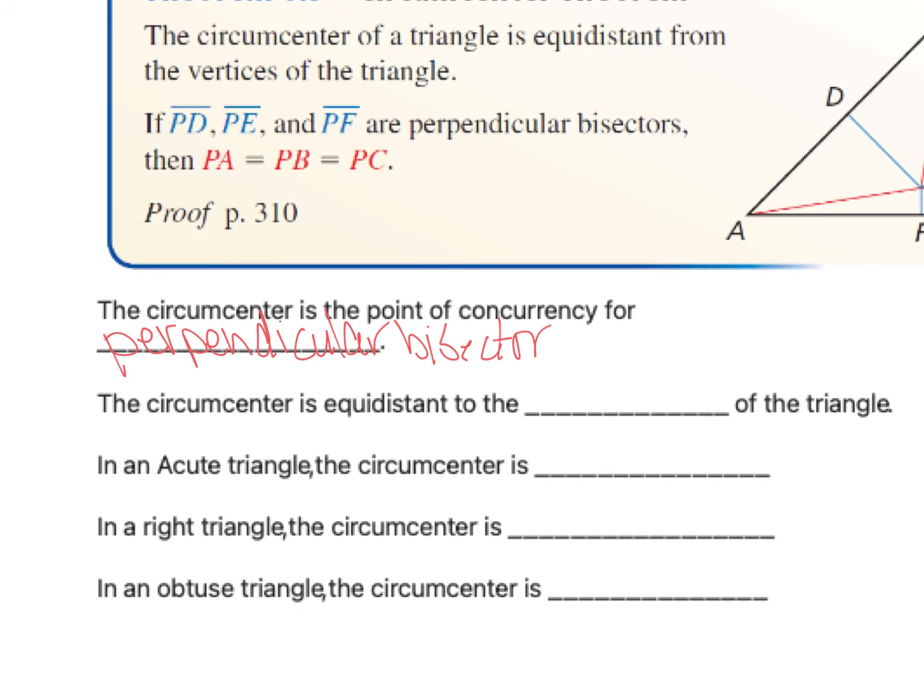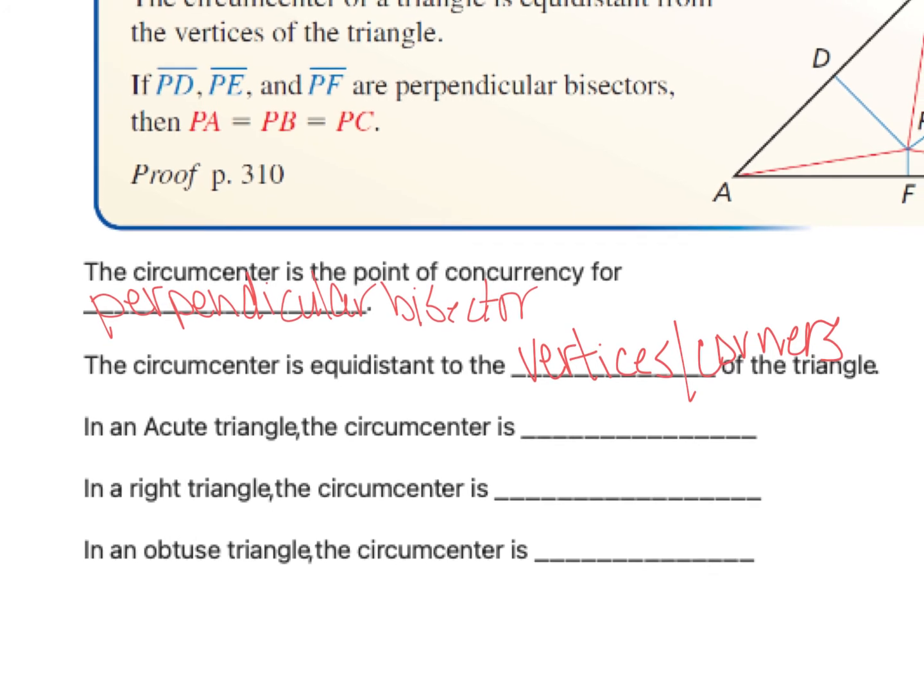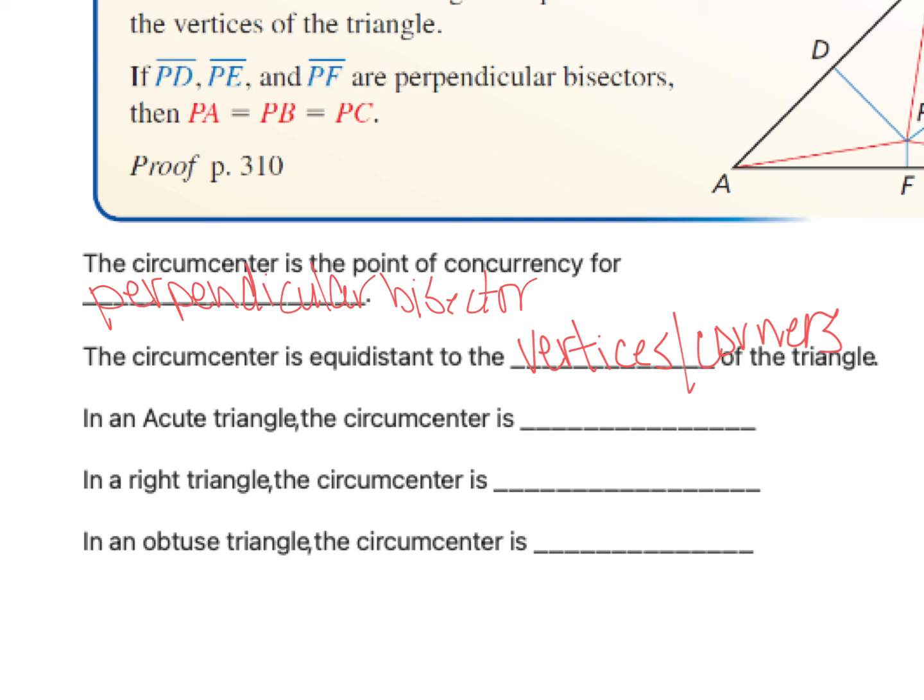The circumcenter, like we said on the previous slide, is equidistant to the vertices, or corners, of the triangle. We're just repeating what we just did. Then as you did those, you screenshotted different triangles in GeoGebra. In an acute triangle, the circumcenter was inside the triangle.